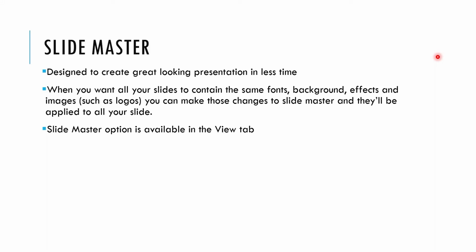So we understood about the slide master theoretically. Now, practically, let us take a look in PowerPoint how the slide master actually works, and when we apply these changes to the slide master, how those are applied to all the individual slides.